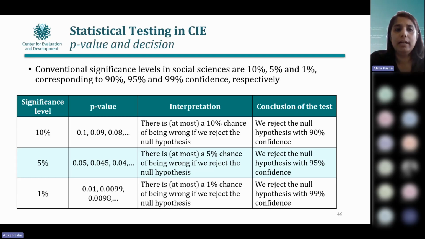So for a p-value of 0.09, we have at most a 9% chance of being wrong if we reject the null hypothesis, which means that we are 91% confident that we reject our null hypothesis, right?